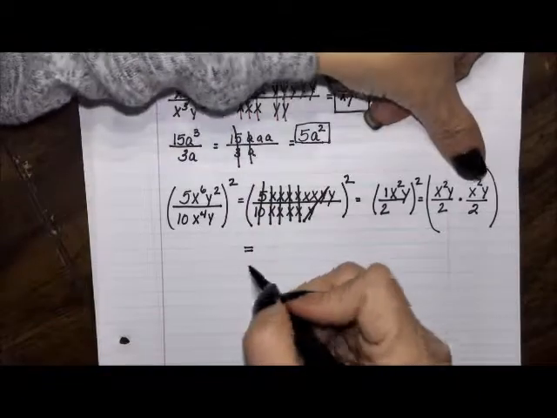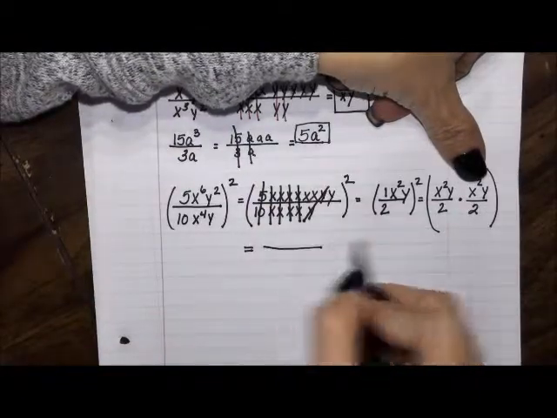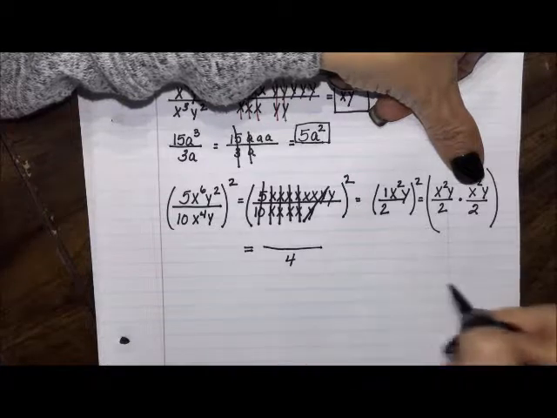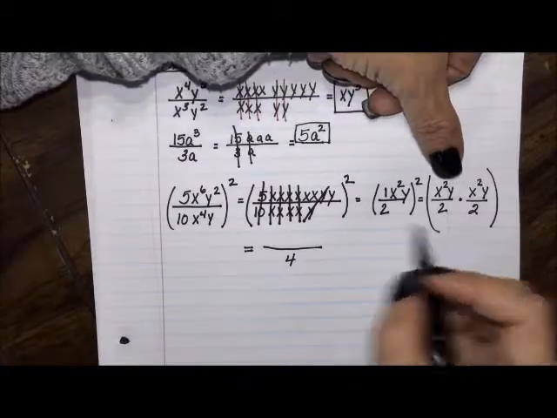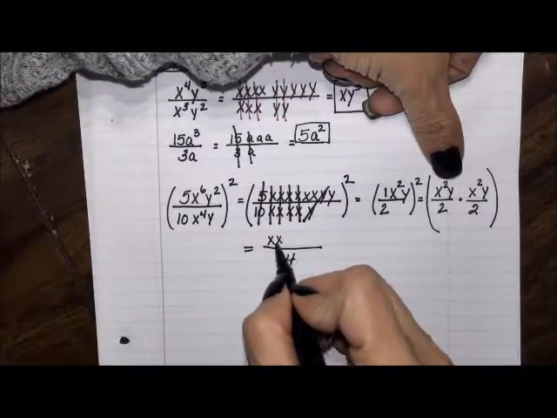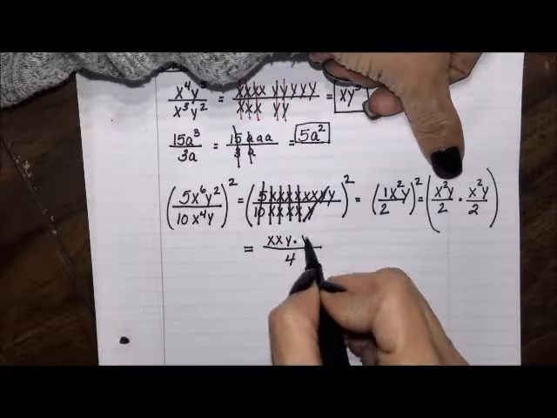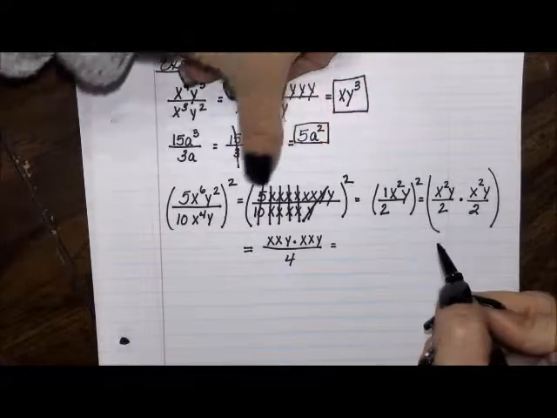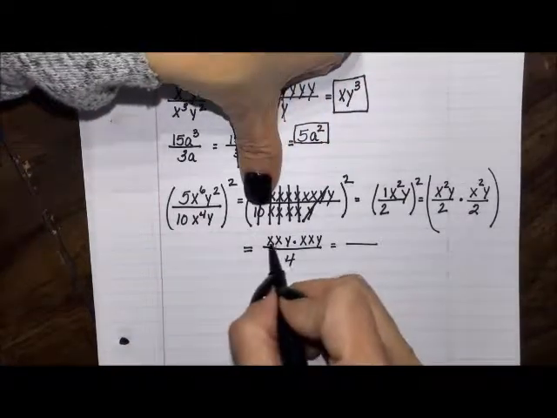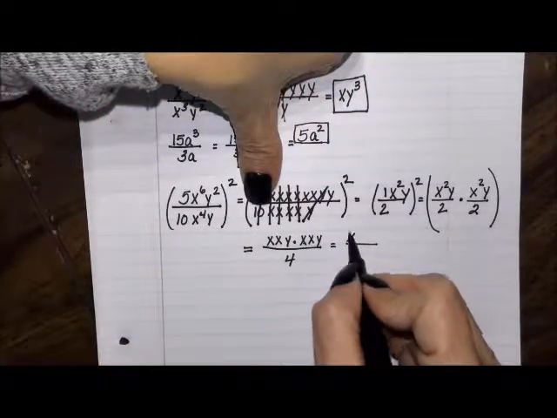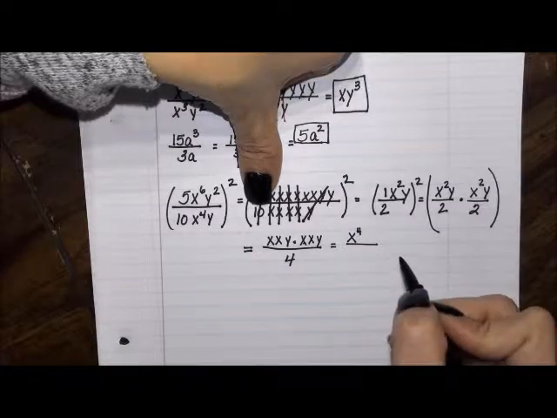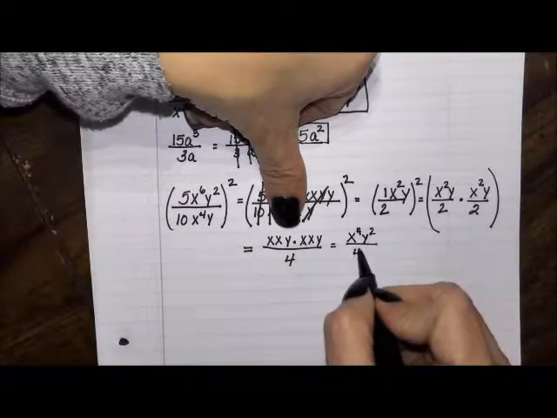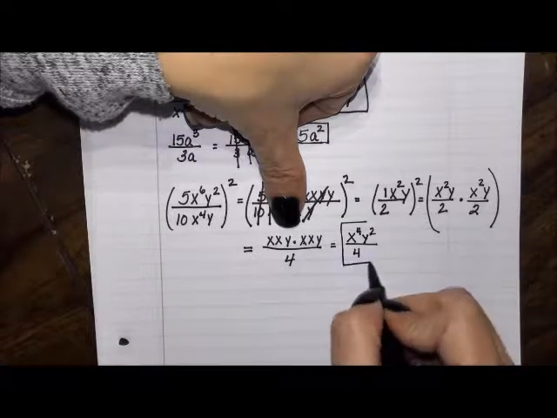So, well, here we go. 2 times 2 would be 4 on the bottom. That was easy. On the top, I'm going to expand it. I've got 2 x's and a y times 2 x's and a y. Well, what does that mean I have? 1, 2, 3, I have 4 x's and how many y's? 2 y's, and I still have that number 4 on bottom.